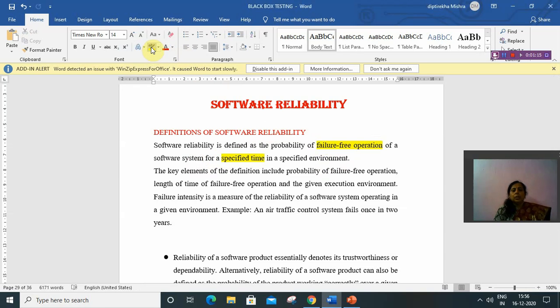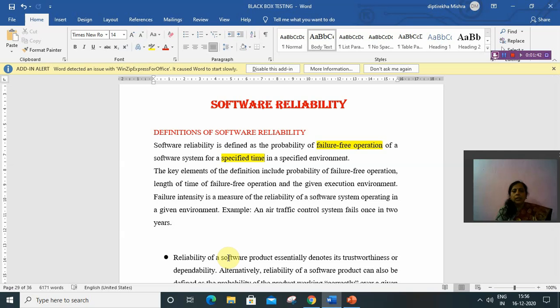Means the error-free operation of a software in a specific time period in a specified environment is known as software reliability. So the key elements of the definition include probability of failure-free operation, length of time of failure-free operation, and the given execution environment.